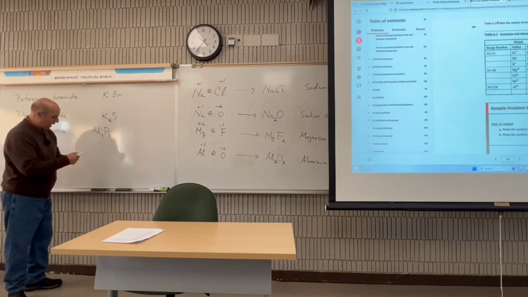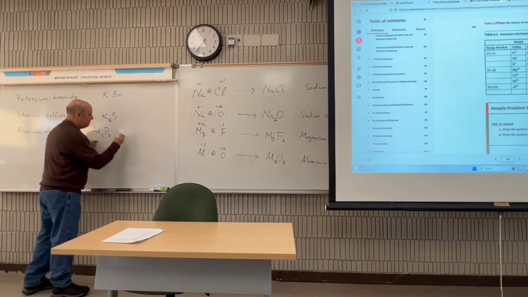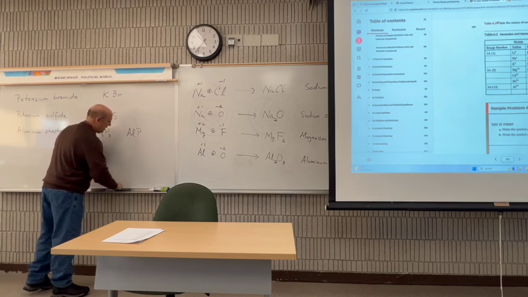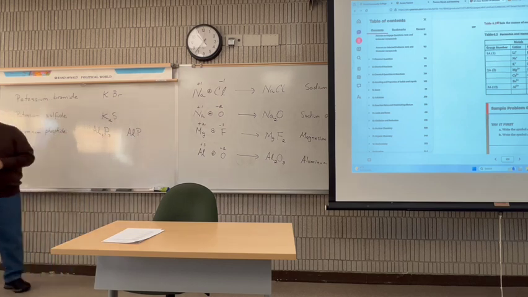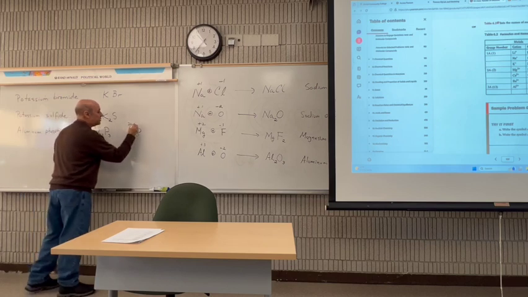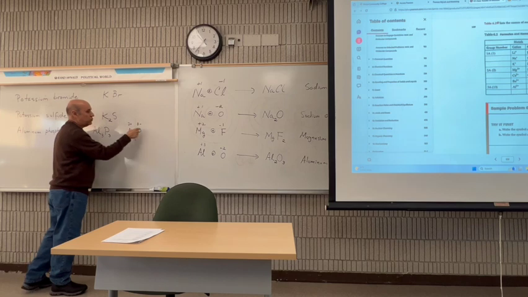So a better formula, not that this is awfully wrong, but a better one would be AlP. Now, if I put the charges back, 3 plus and 3 minus, and I have one of these and one of those, the two cancel each other out. They add up to 0.